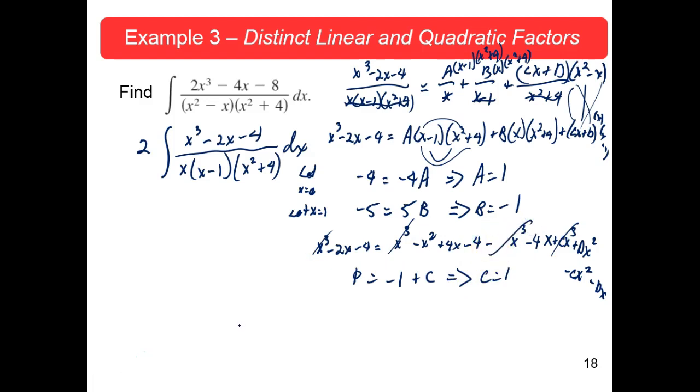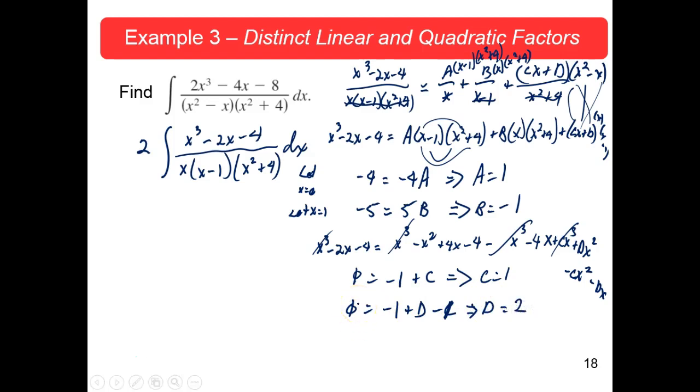Done. Then we'll do the quadratic term. 0 is equal to negative 1 plus d minus c. But c is 1, so that's a minus 1. So that would be d is equal to 2, right?